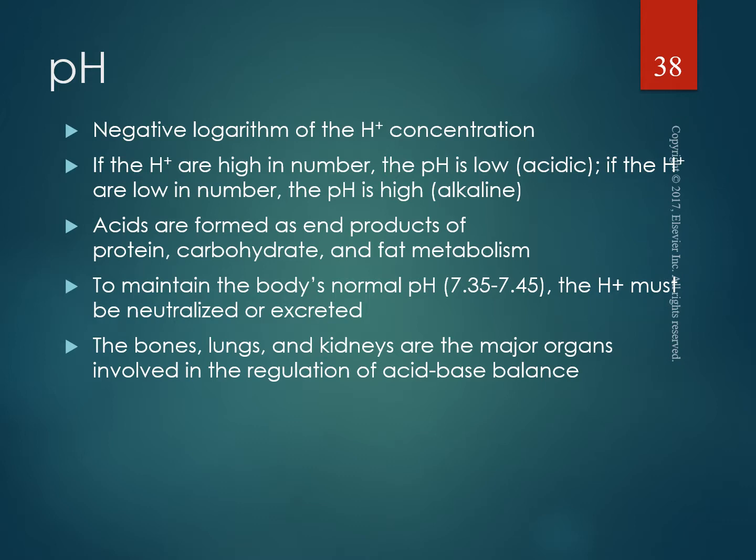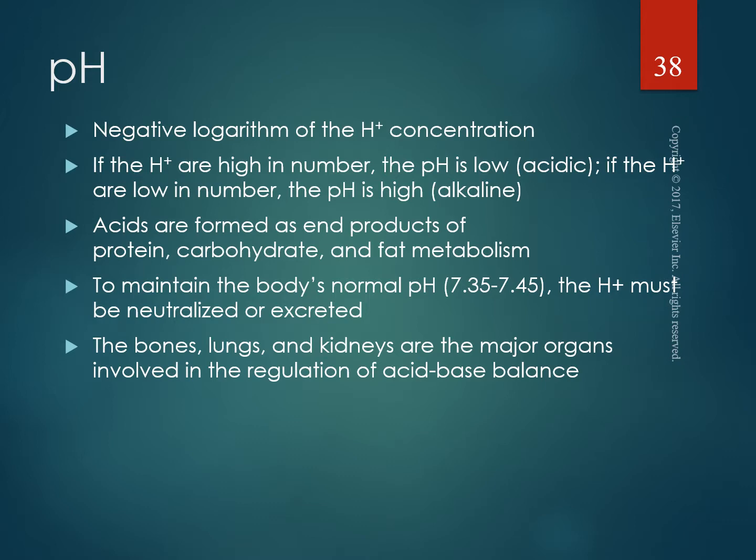If the hydrogen ions are high in number, the pH is low, it's acidic. If the hydrogen ions are low in number, the pH is high, it's alkaline. Acids are formed as end products of protein, carbohydrate, and fat metabolism. To maintain the body's pH, which is 7.35 to 7.45, the hydrogen ion must be neutralized or excreted.